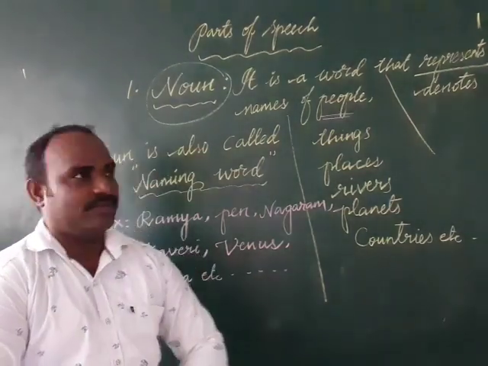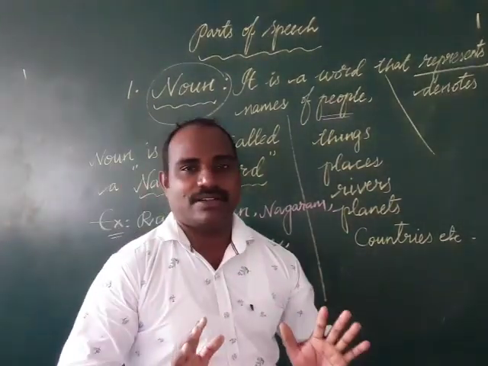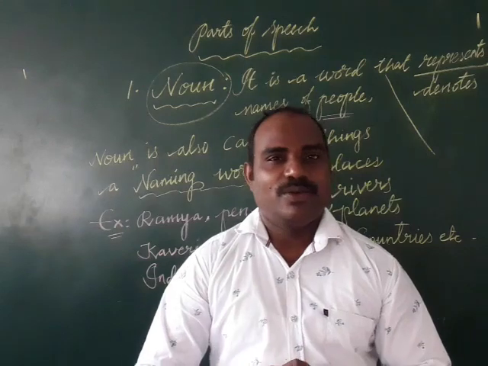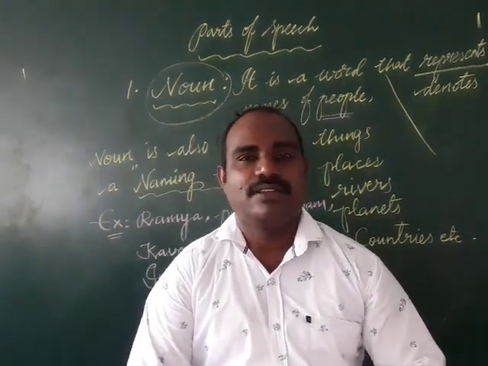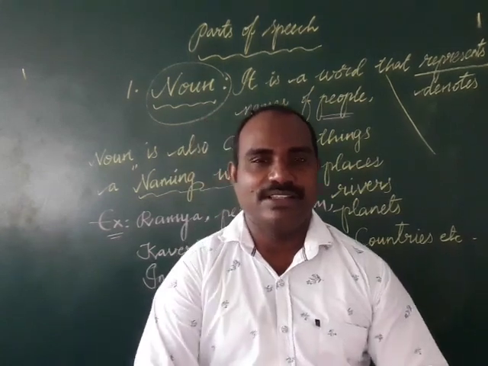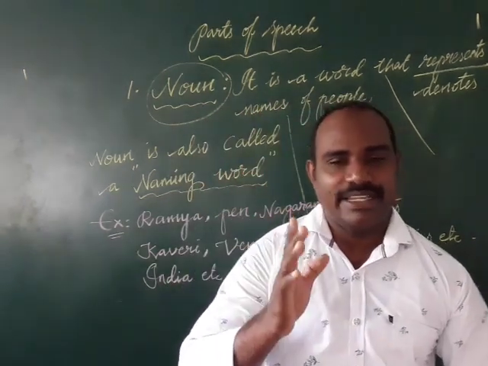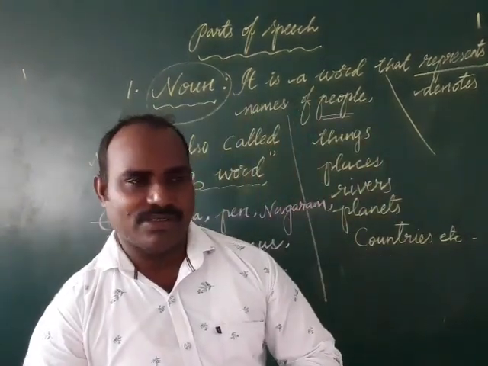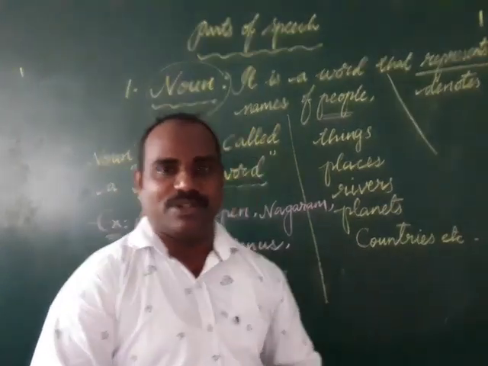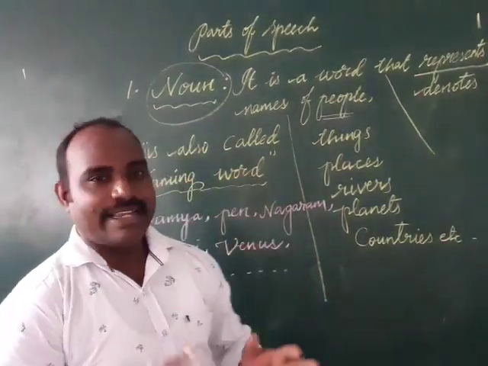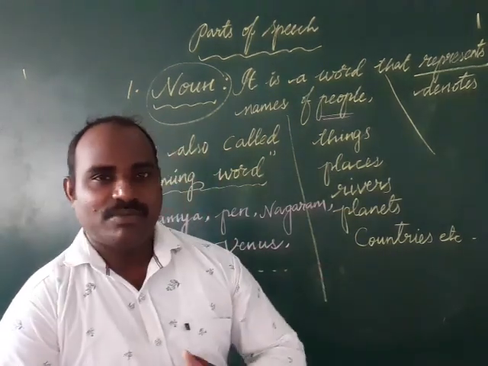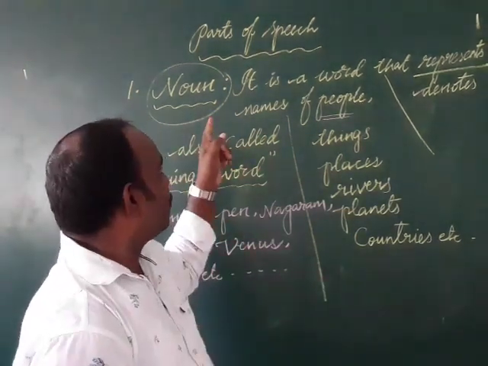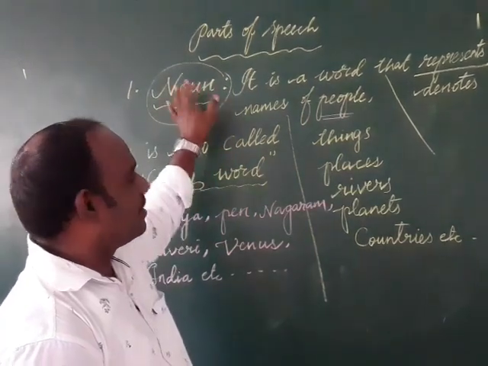I'll explain it again. There are 8 types of parts of speech in English. Why are they very important? The language we speak, the sentences we form every day, are the combination of those 8 types of parts of speech. This is a very, very important topic for you. We are learning the first type, the noun.